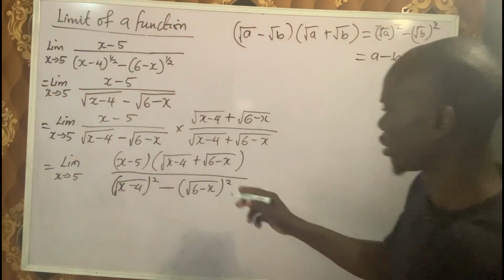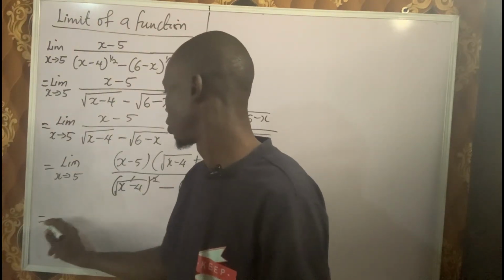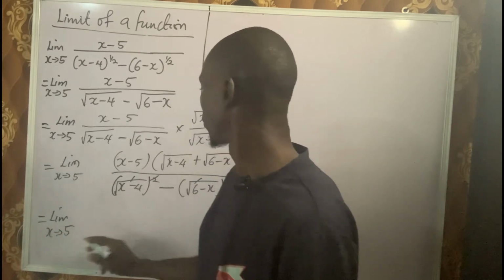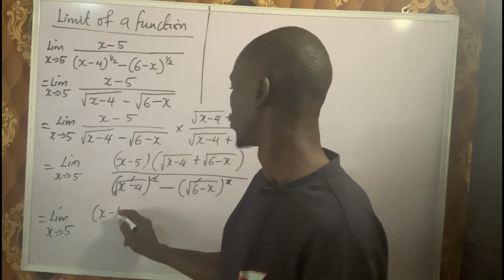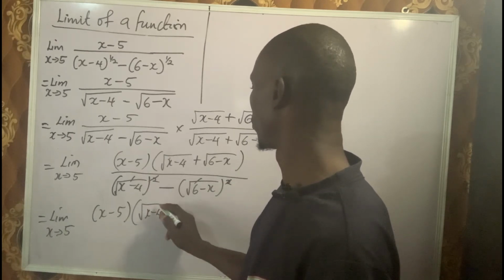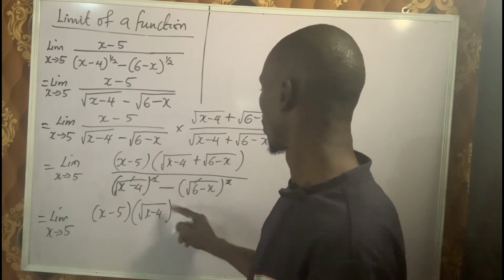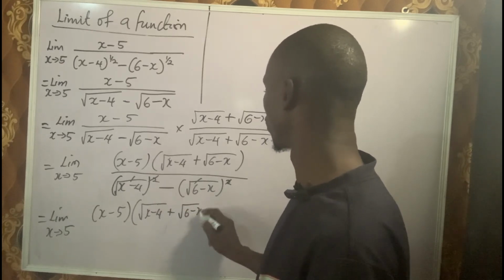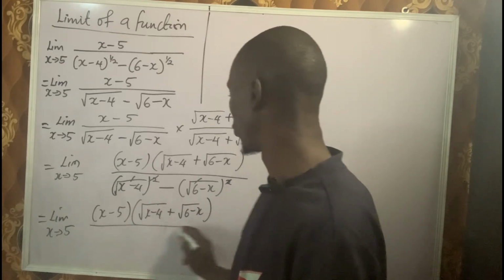So in that case, it's limit as x tends to 5 of (x minus 5) times (root x minus 4 plus root 6 minus x), all over.